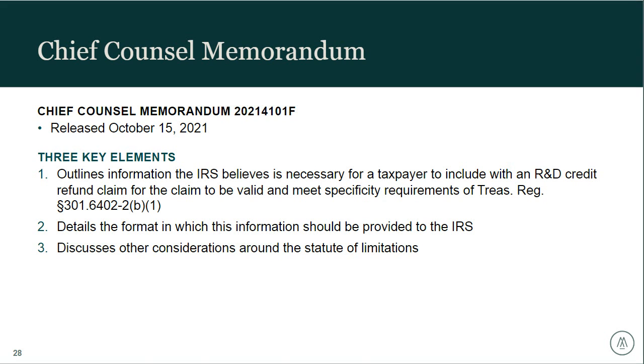So the IRS is requiring this information in order to approve a refund to be sent, or maybe to select it for examination. It could be either. But if you do not comply with supplying this information, it's very likely that your refund claim will just be disallowed. They will not accept it. We'll go into some more details on what the specific requirements are.